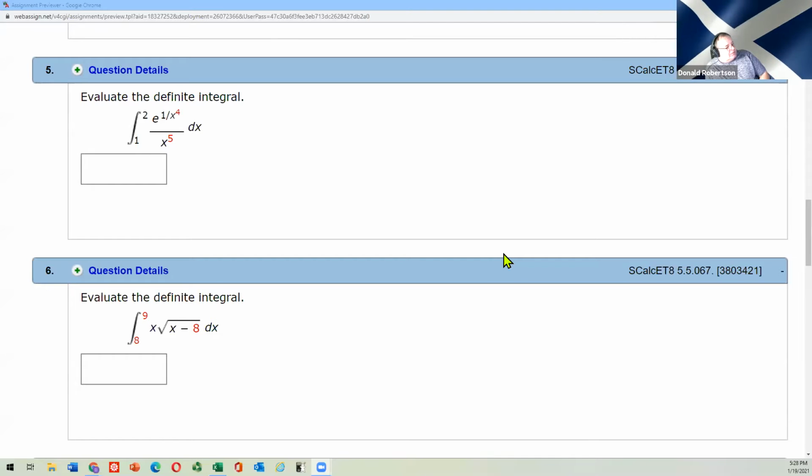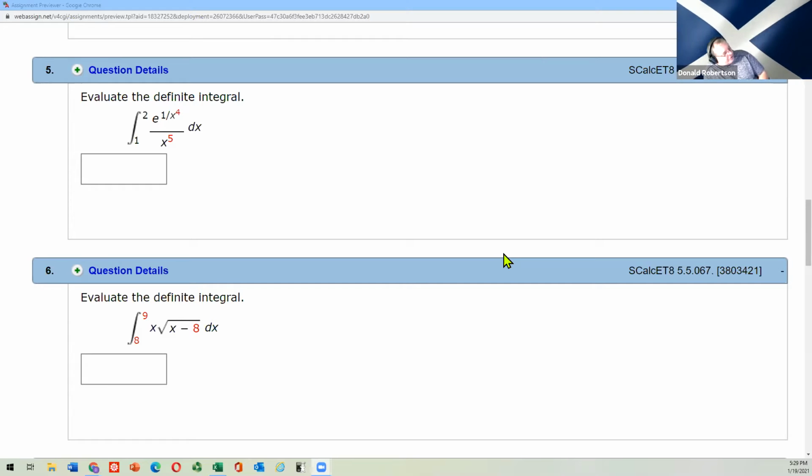Ah, well, would you just use the exponent? What would you just use, the 1 over x to the 4? The 1 over x to the 4 I know will work, but e to the 1 over x to the 4 would also work.